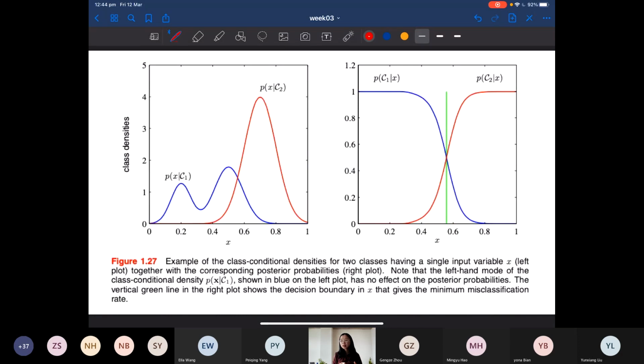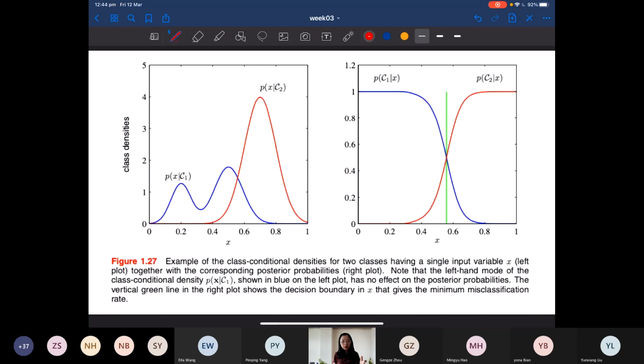This is essentially a scaled view of the 2-mode versus 1-mode classification task we were looking at. Here it's scaled by class prior. We can see the blue class here is less prominent.